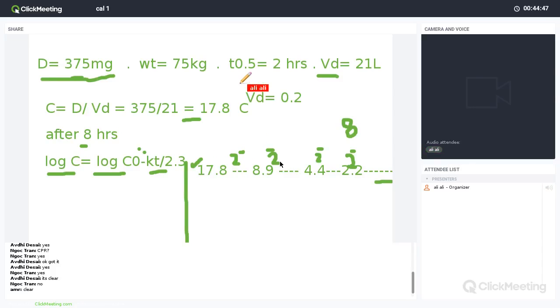You just add the period of time that is a half-life, then you divide the concentration by 2 multiple times until you get the concentration you require. Now, is it clear? This type of question, is it clear for you?